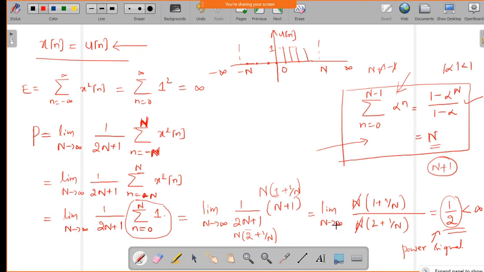And now if I apply the limit, this 1 over n will go to 0. So both the terms will become 0, and you will get the value 1 over 2. Understood? Yes. So now this is a value which is less than infinity, that is a finite value of power. So that is why you can say this signal is a power signal.